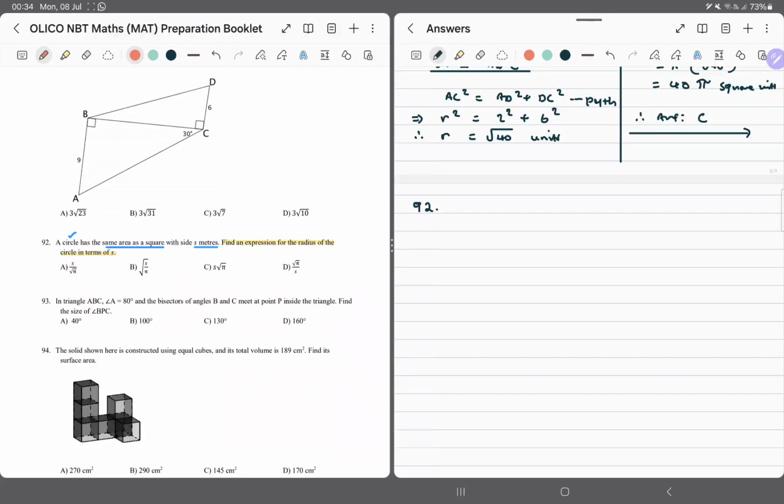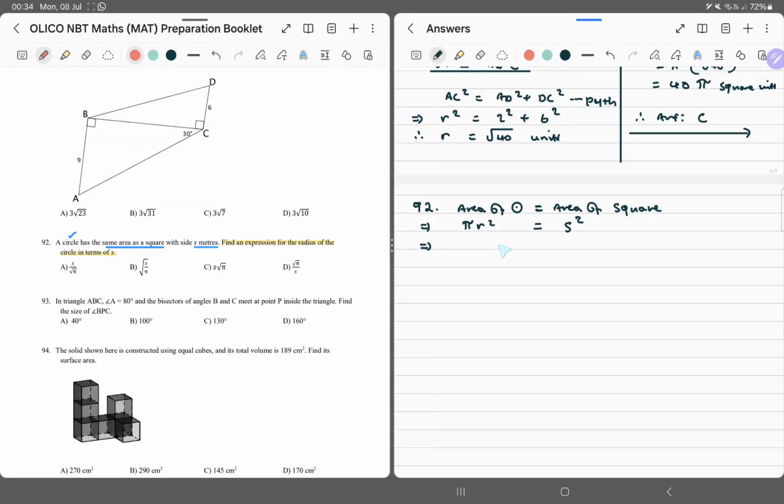Alright, so we already know that the area of circle is equal to the area of square, right? That's what we are given. This implies that pi r squared is equal to, the square is side squared.